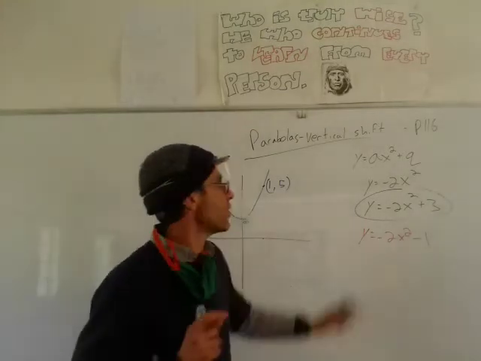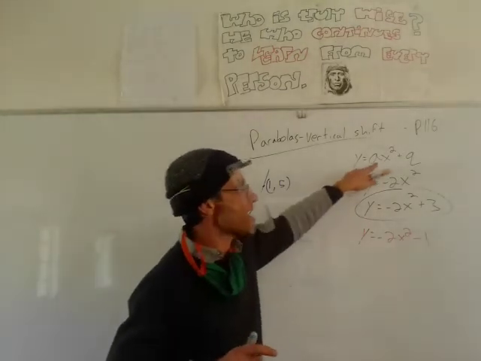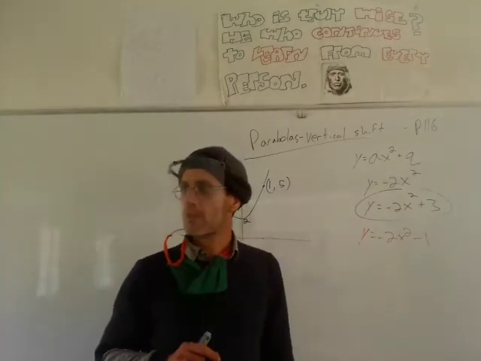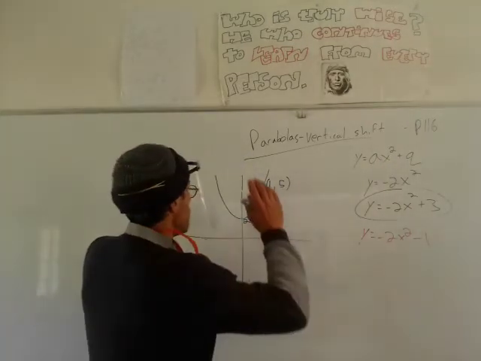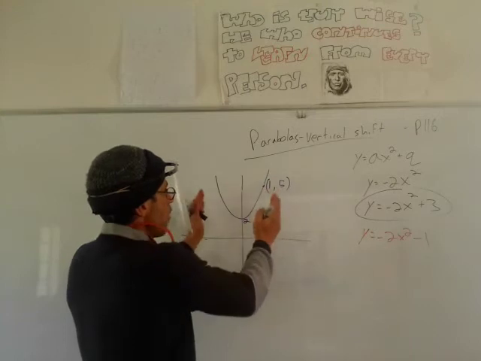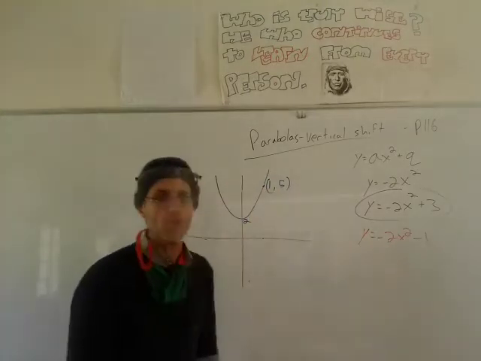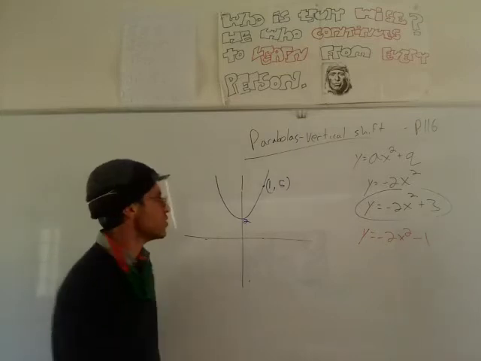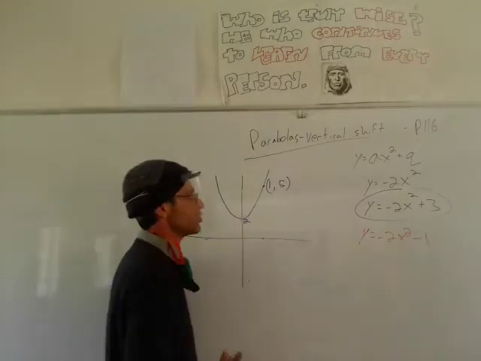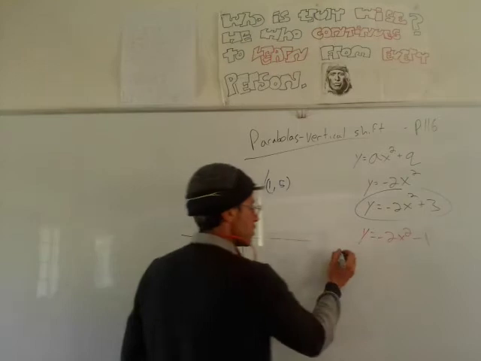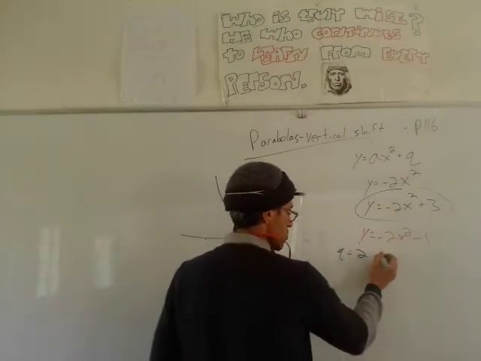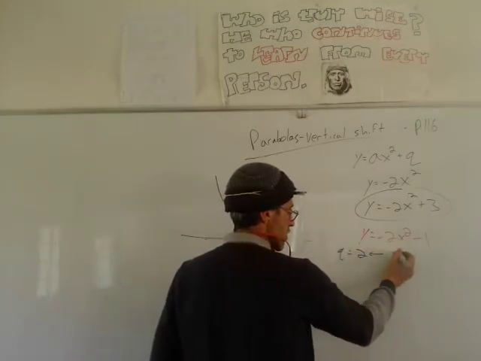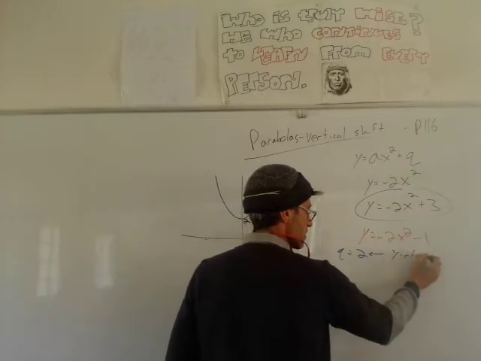The only things we need to figure out are a and q. By looking at this graph, what will q be equal to? Q is going to be 2, because you can see we shifted it up 2. It's the y-intercept.